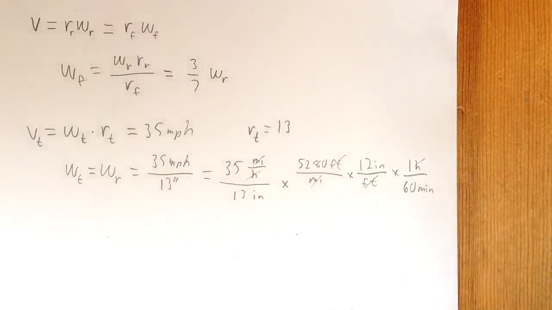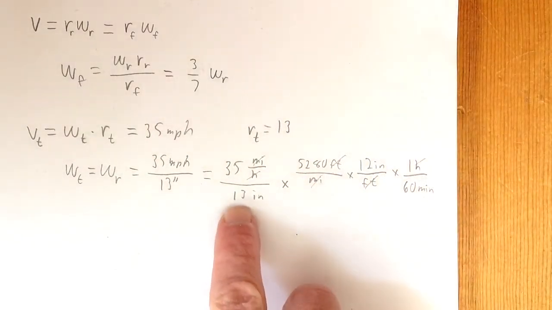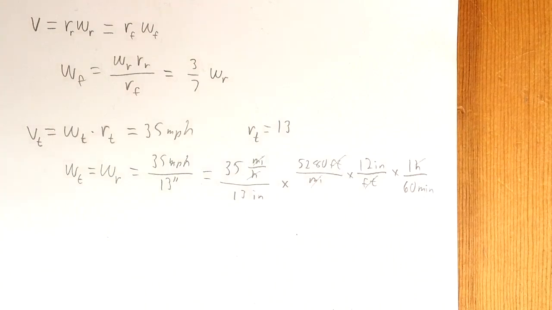Okay, so let's multiply all this out: 35 times 5280 times 12 divided by 60, and then divided by 13.